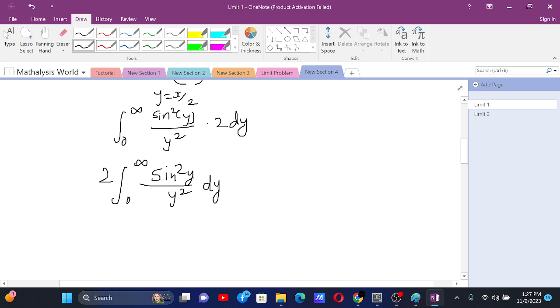Let me tell you, this is a standard integral, though I will solve it later: the integral from 0 to infinity of sine square x by x square dx is just pi by 2.